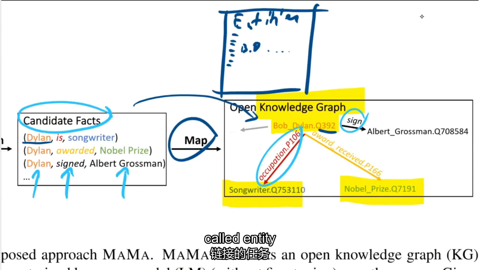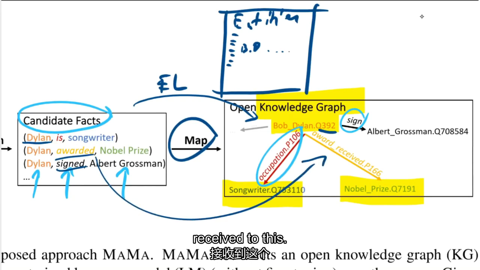That is a task called entity linking, okay? And similar tasks exist for the relation awarded, mapping this to award received. So maybe there's some kind of dictionary entry, award received, and what it means, and a bunch of examples, and you're supposed to map this to that.